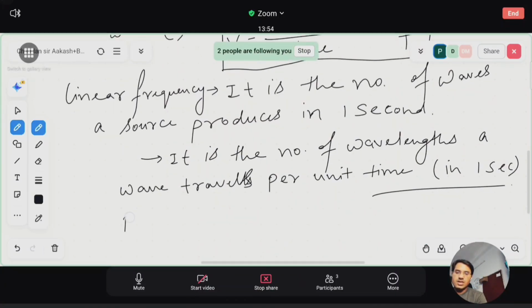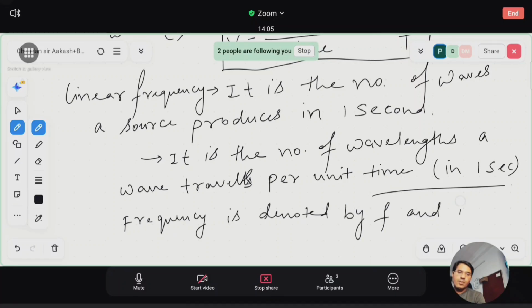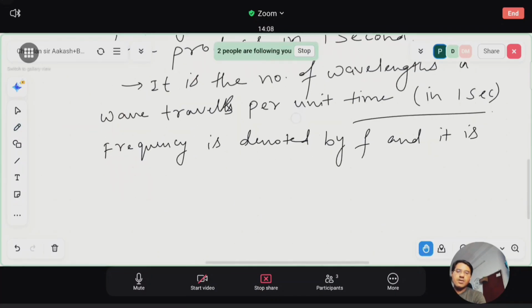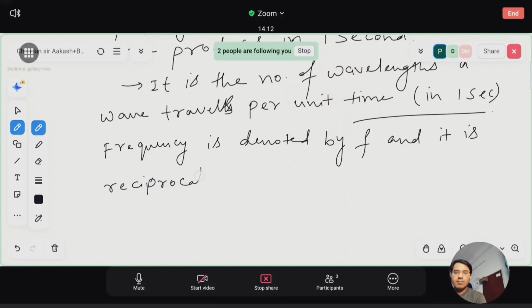Frequency is denoted by small f, and it is the reciprocal of time period. f is equal to 1 over T.